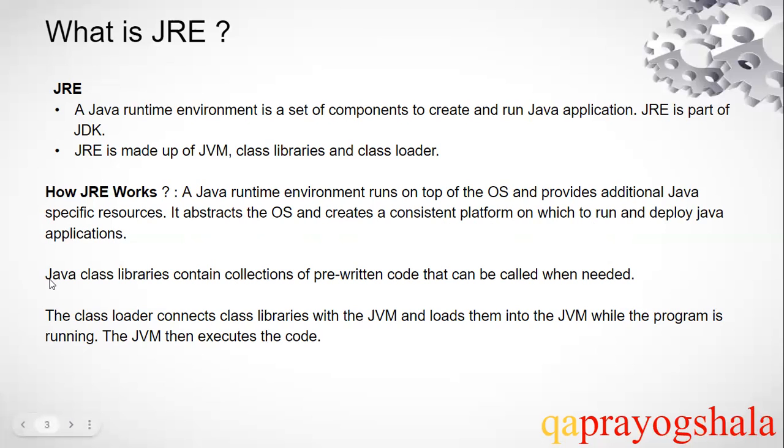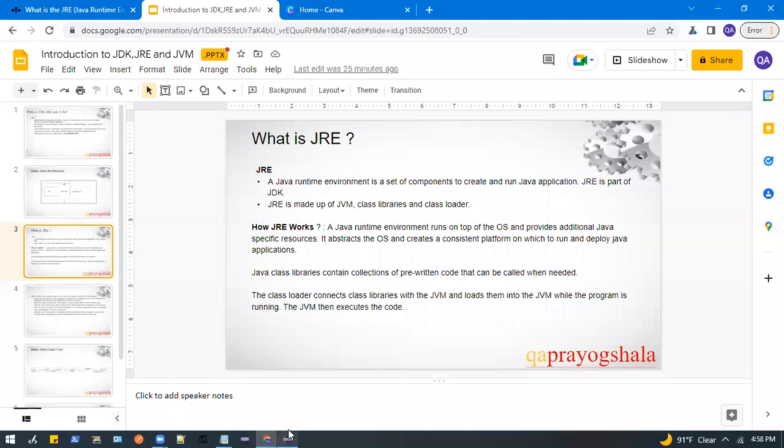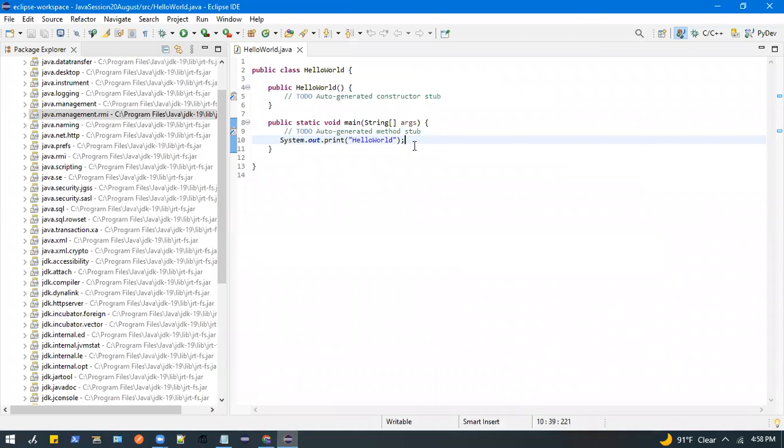Now, what do Java class libraries contain? Class libraries are nothing but pre-written code that is provided by Java. Suppose, as I showed you, you want to print something, and that code is this.